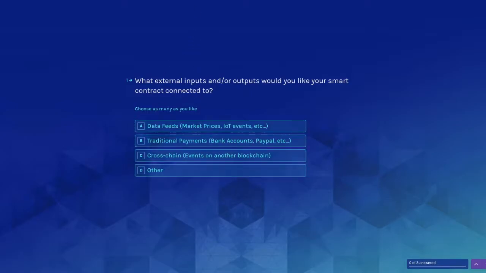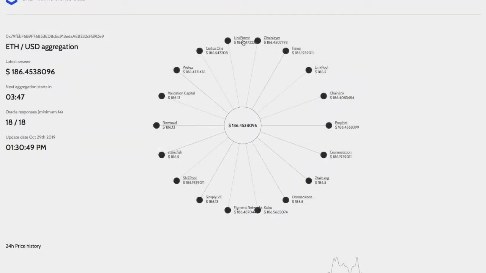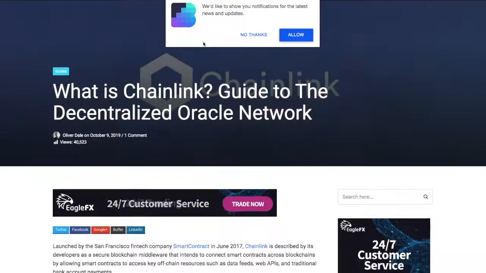Such a person would be referred to as a node operator and allow such data providers or, for example, payment providers or service providers to sell their API-based services directly to a smart contract in exchange for those tokens. The developers suggest that this decentralized infrastructure allows for data and off-chain payments into smart contracts in a way that is scalable, secure, and auditable.